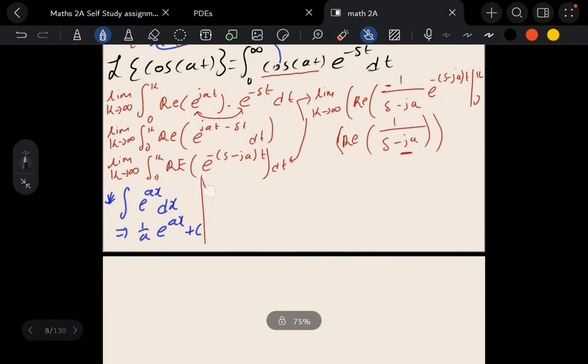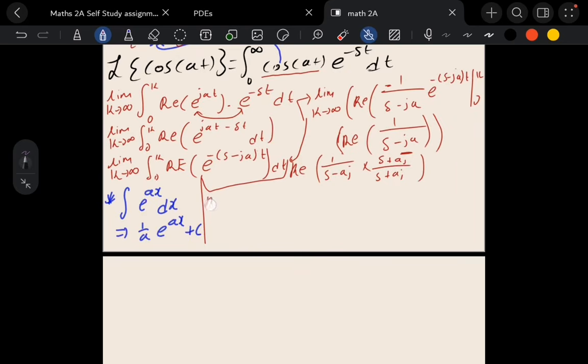So now I have Re in brackets 1 over (s minus aj) times (s plus aj) divided by (s plus aj), which is Re in brackets (s plus aj) over, when you multiply this with that, s squared plus a squared.